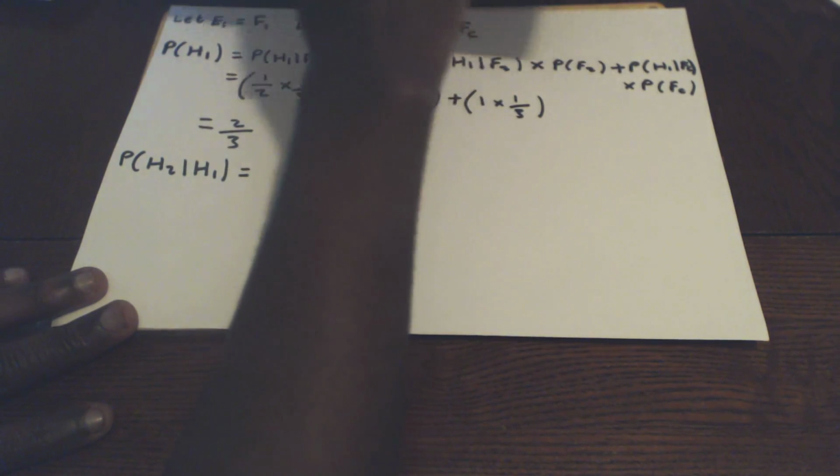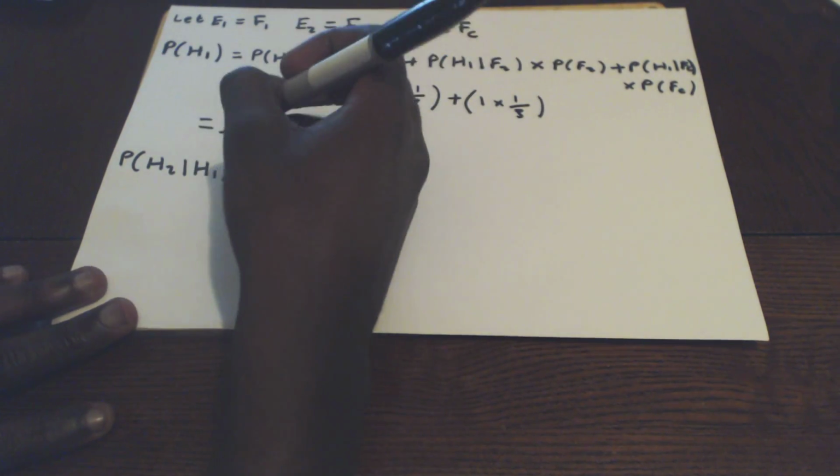It's going to be the sum from I equals 1 to 3, because we've got E1, E2, E3.